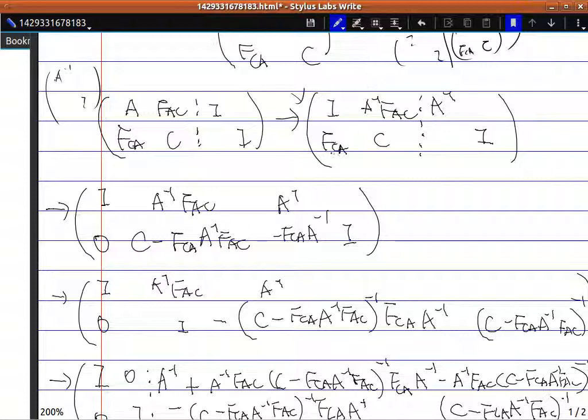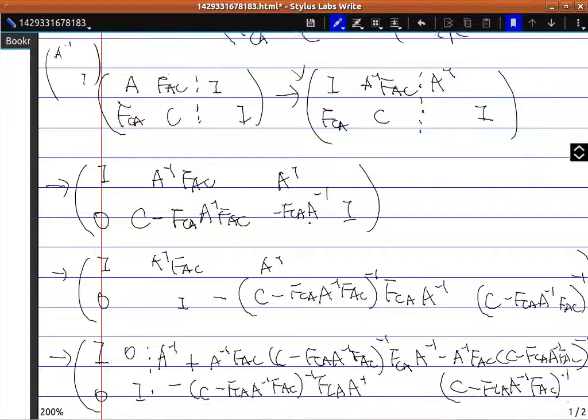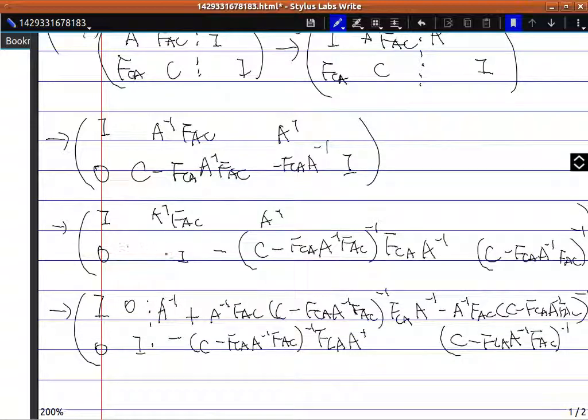So FCA. Then the first component here for the second row will be equal to 0, and then the second one here will be equal to this guy, and so on, these terms here. And again, I can take the inverse of this thing. Basically, it's like this multiplied by IC minus FCA A inverse FAC inverse here.